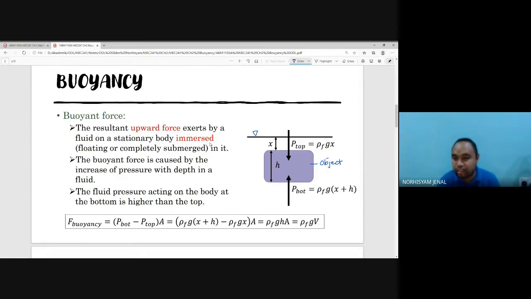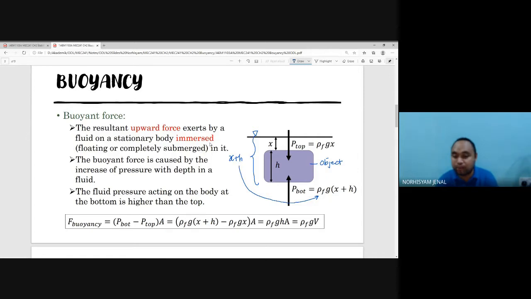The pressure at the bottom will be rho F G (x plus H), because this is the total depth. Meaning the pressure at the bottom will be higher, and the pressure at the top will be lower. This is what we learned from the manometer.